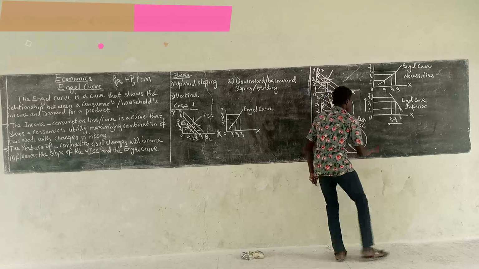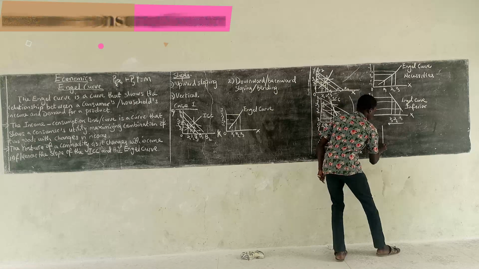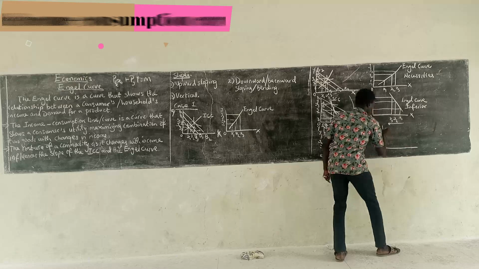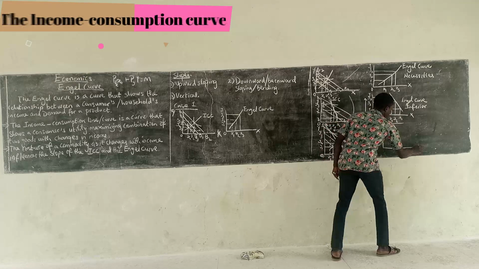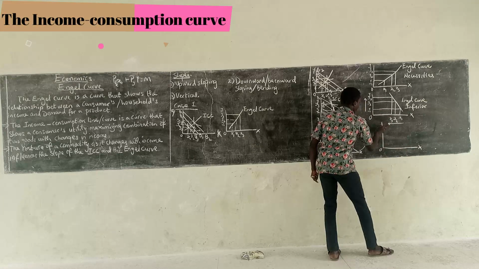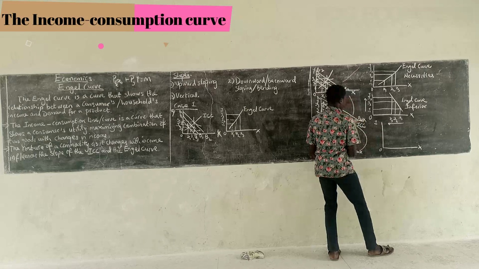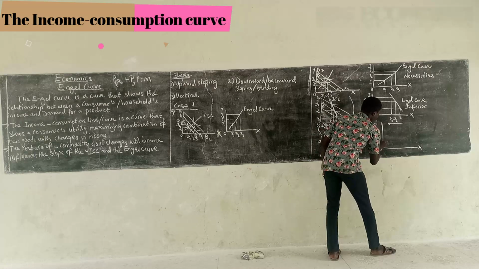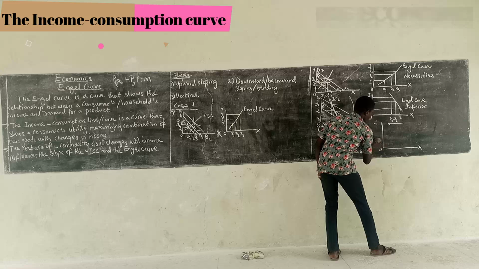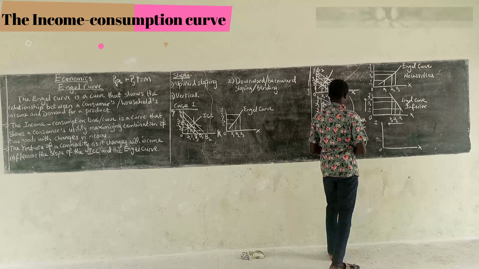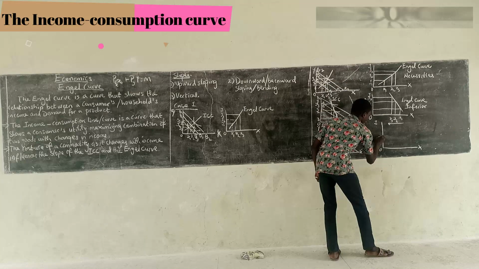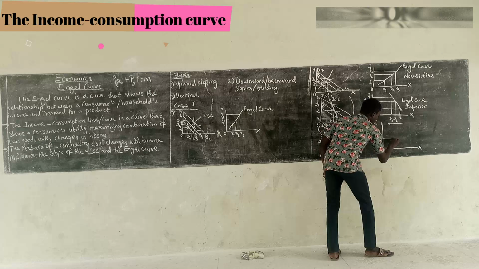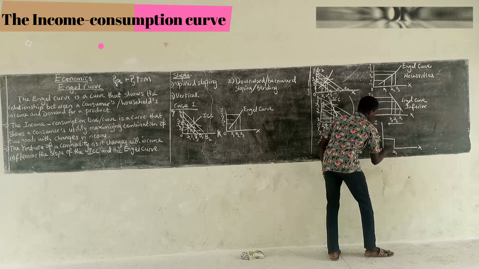Right. So to sketch out the Engel curve, we have the good on one axis and then income. Initially, when the income was I1, the consumer consumed this much of X1.